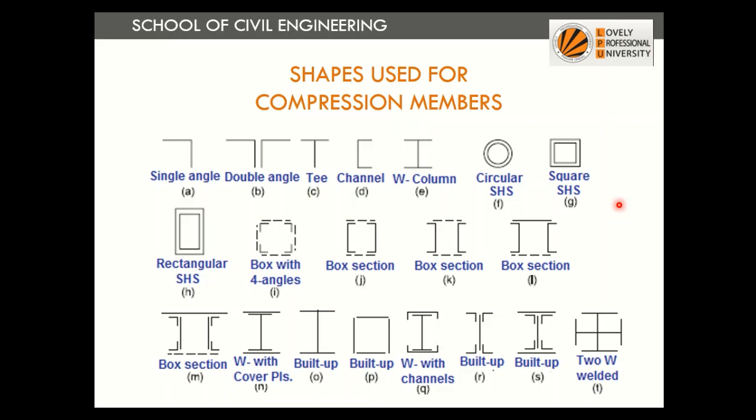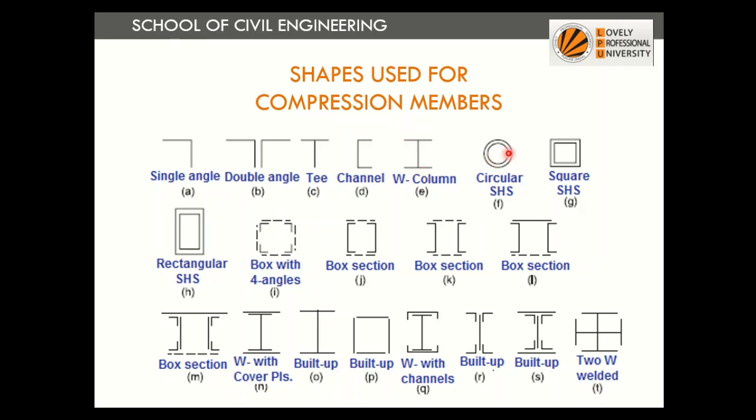So these are the various options of using various compression members: angle, single angle, double angle, T. These channels, they are essentially used in trusses, right? These are used in trusses. Wide column or heavy column, they are used for post or columns.